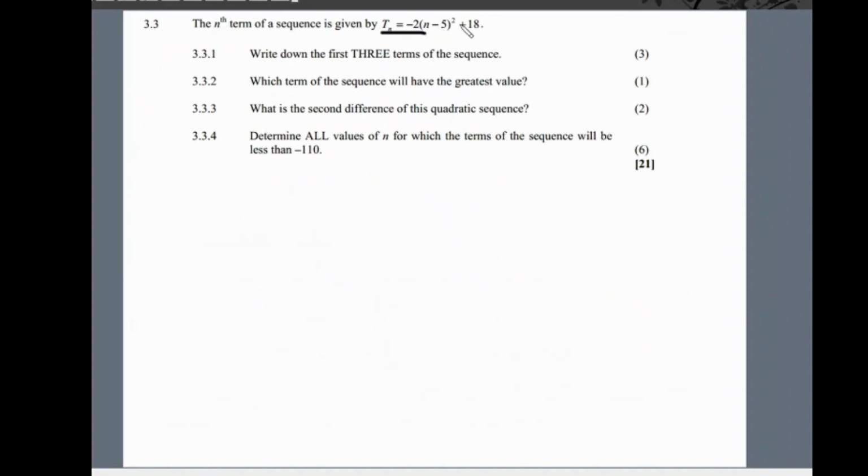So we know this is a quadratic function, therefore we have a quadratic sequence here. But write down the first 3 terms of the sequence, right? Let us write down the first 3 terms. So 3.3.1, write down the first 3 terms.